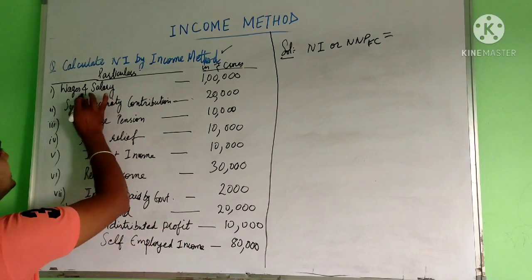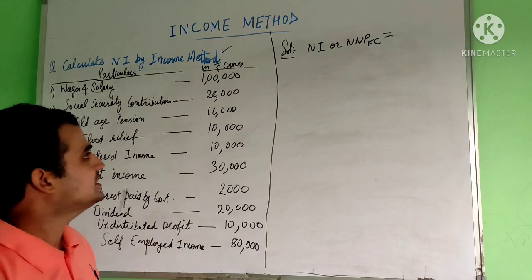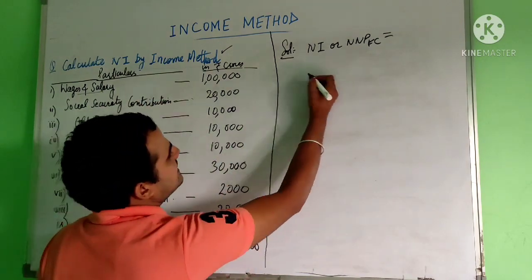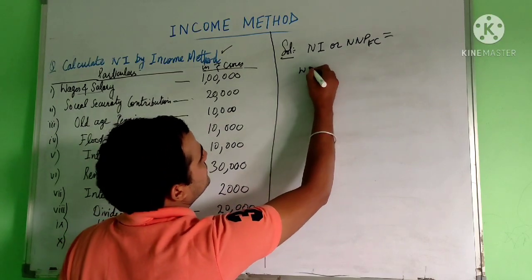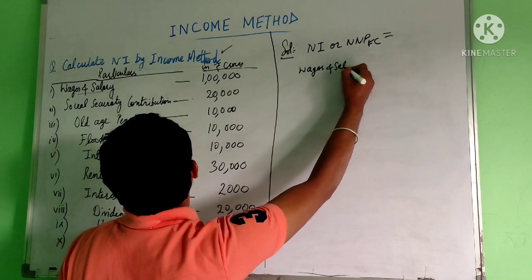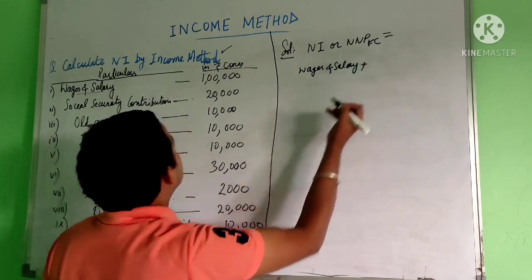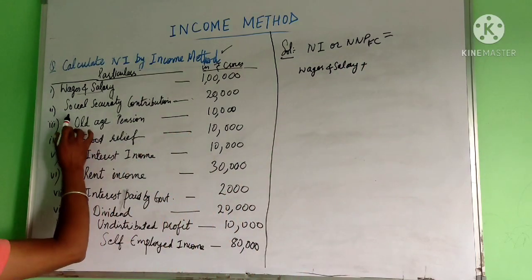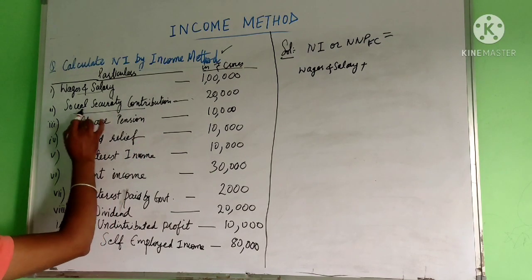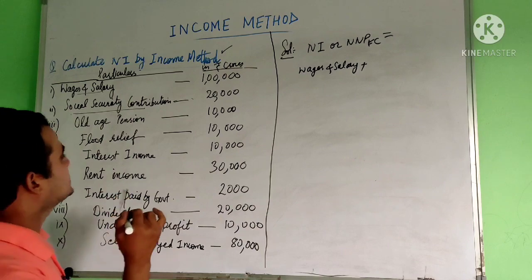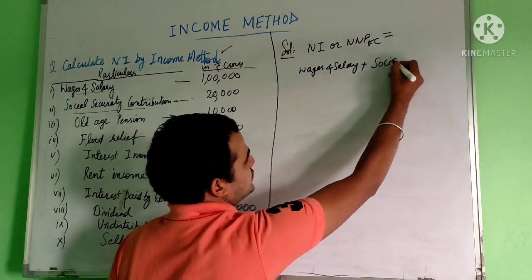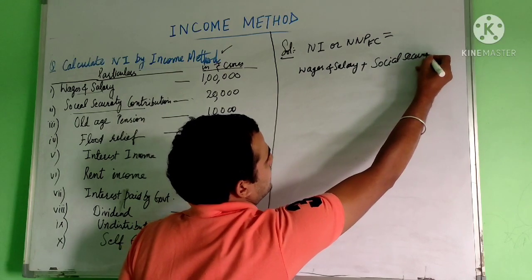Wages and salary are included in compensation of employees, so we will include wages and salary, plus social security contribution. Social security contribution comes in compensation of employees.